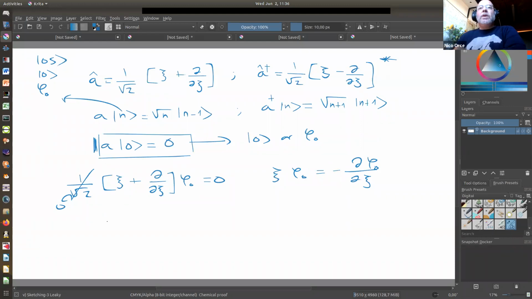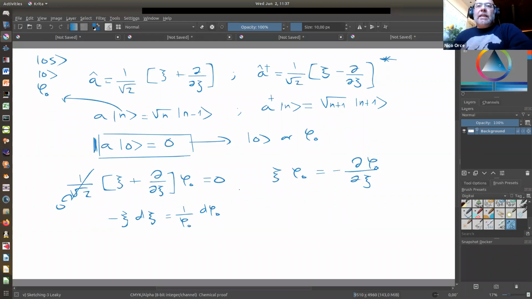Basically, we can put this together, so psi is going to be equal to 1 over rho naught, which is the wave function, remember, rho naught.